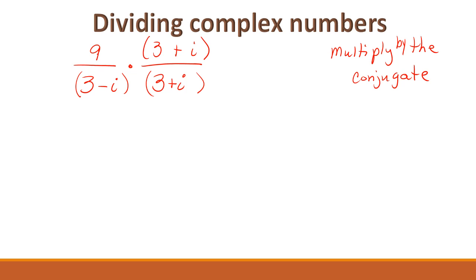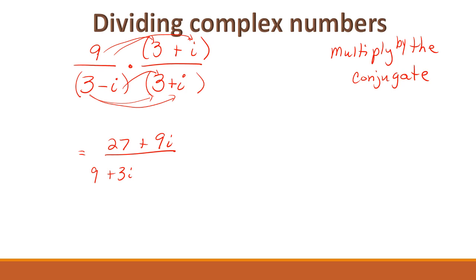In the top, the numerator, you will distribute. 9 times 3 is equal to 27, and 9 times i is 9i. In the bottom of the fraction, the denominator, you will use the FOIL method. 3 times 3 is 9. 3 times i is 3i.